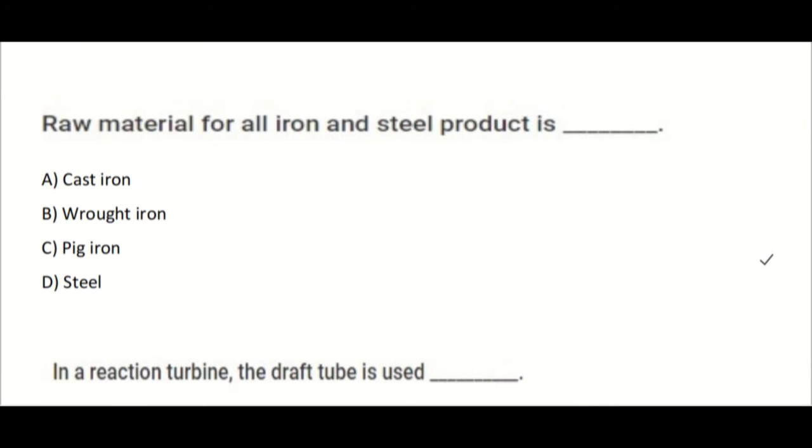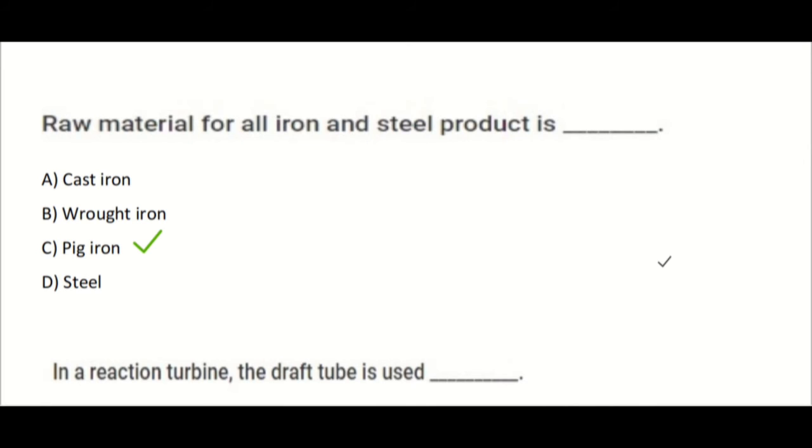Raw material for all iron and steel product is pig iron. Pig iron is the raw material needed to make all types of iron and steel.